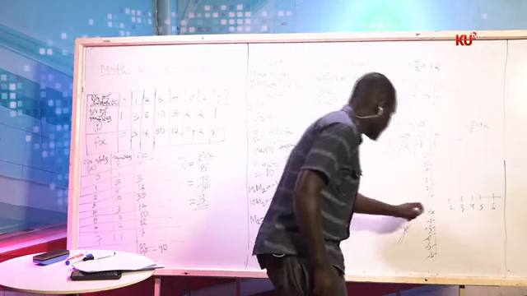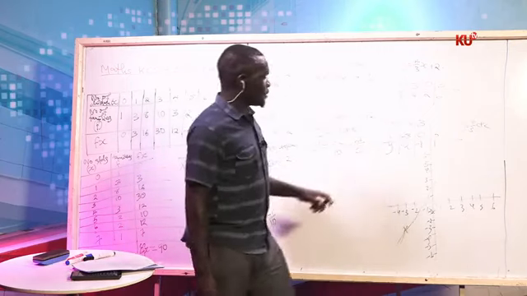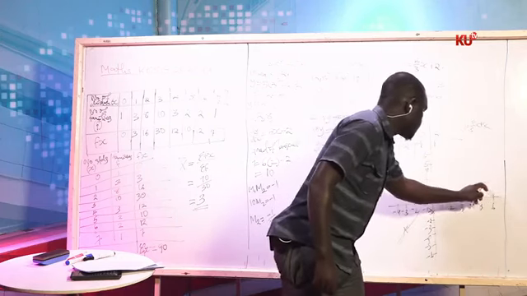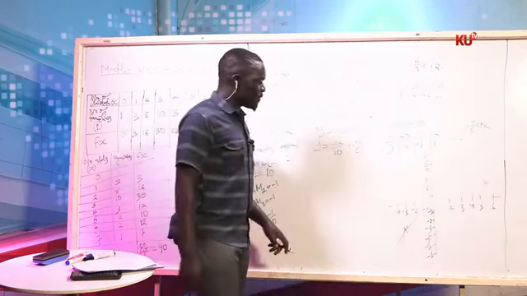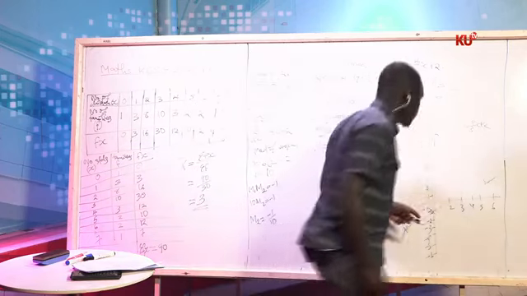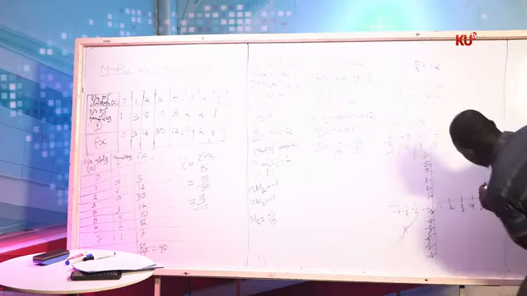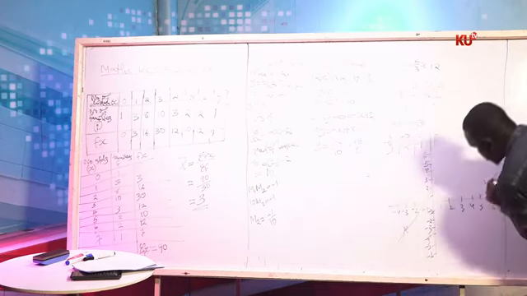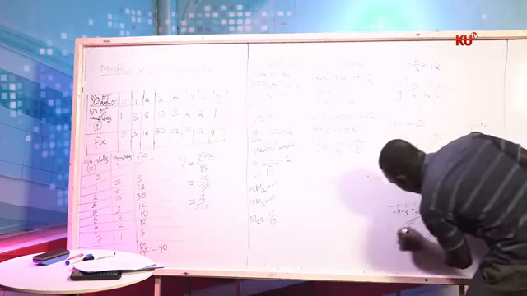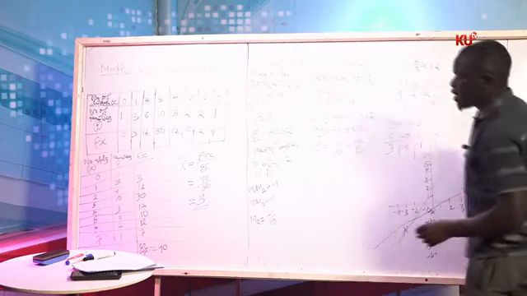It is here. Then 6, 1, maybe it is here. Then after that, you also have to draw your line. It should be a straight line. Make sure you join your points using a ruler.